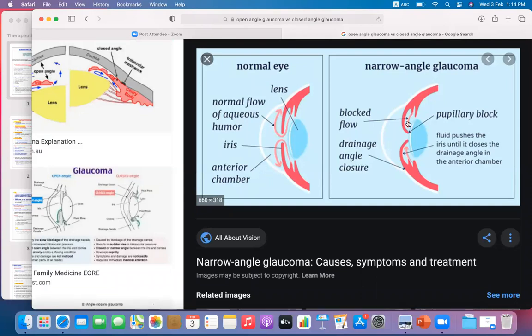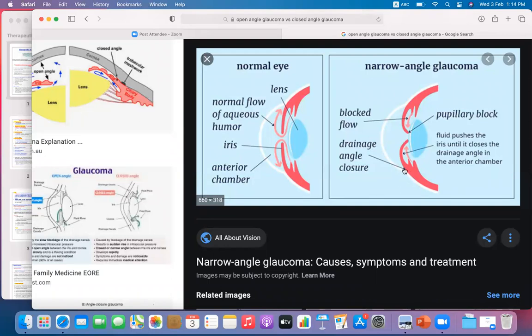But in narrow angle or closed angle glaucoma, the iris is squeezed between the cornea and the lens, and the flow is blocked. If you see this arrow in the normal eye, the aqueous humor flow is normal, but here in the closed angle glaucoma, the aqueous flow is blocked.